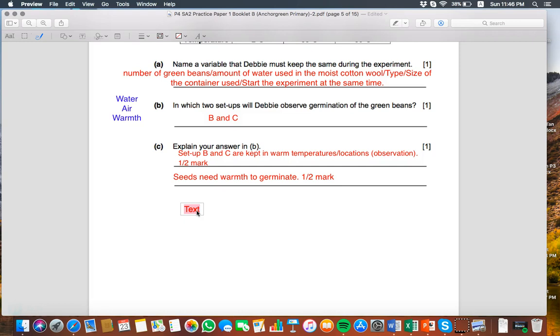This question is asking about temperature, which is related to warmth. You no need to mention other conditions like air and water.